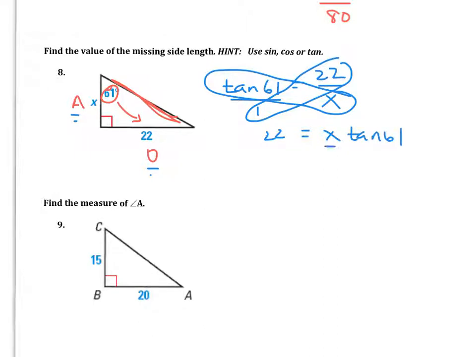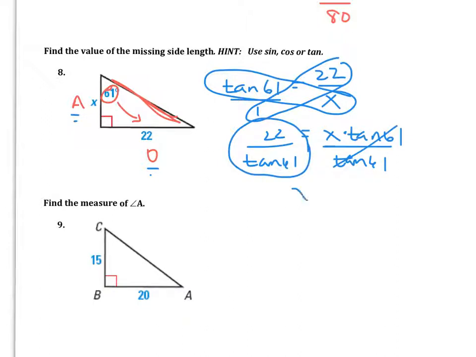To get my x by itself, since I'm multiplying by tan 61, I'm going to divide by tan 61 to cancel that out. I'm going to type this into my calculator, 22 divided by tan 61, and when I do that, I get x is equal to 12.19, and we could round that to 12.2.